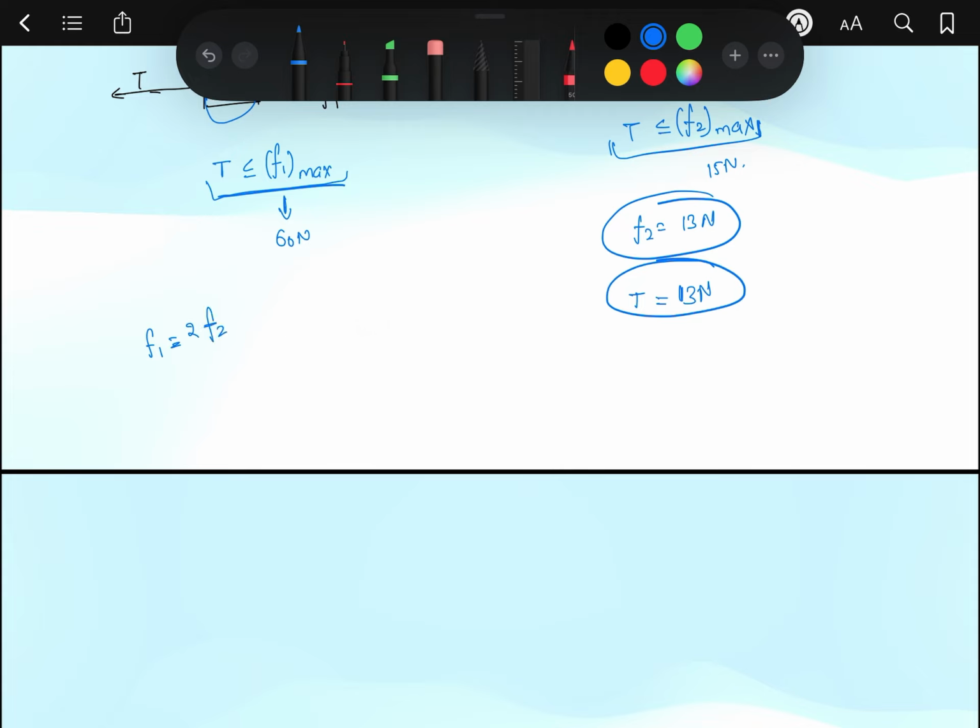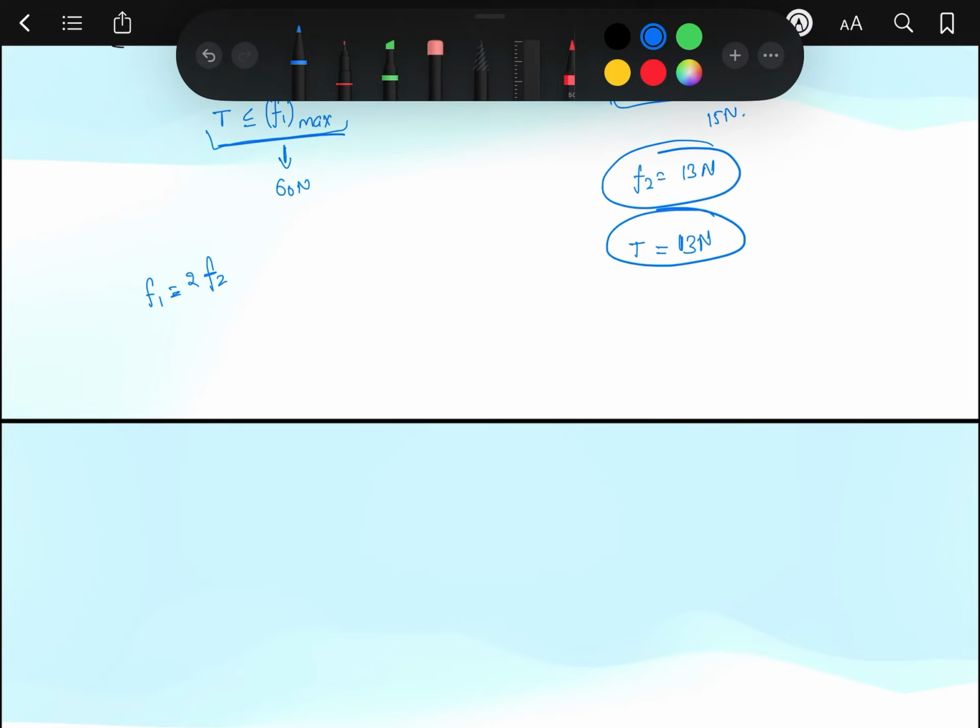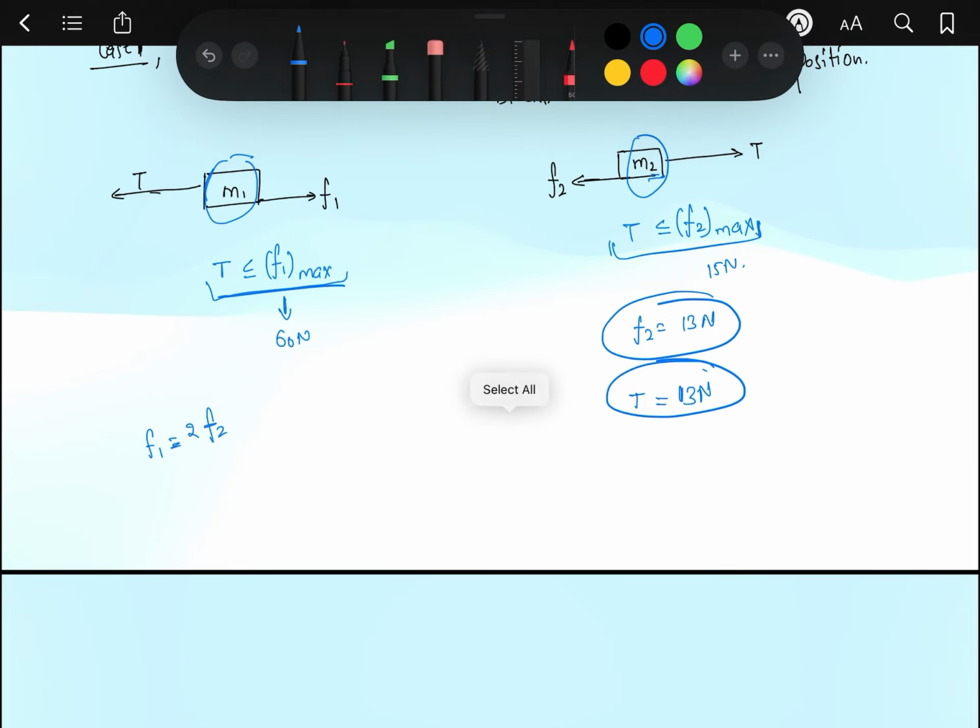Okay, but if we are taking this tension is equal to 13 Newton, then in that case this tension in this string will also be same. That means for F1 value we are getting 13 Newton only. Okay, this 13 Newton. So हमें F1 की वैल्यू twice of F2 चाहिए.